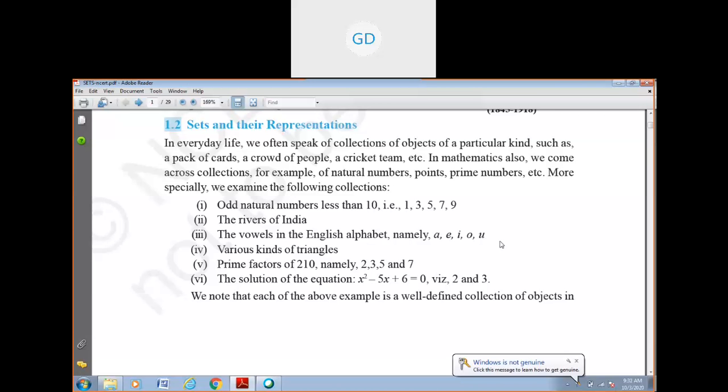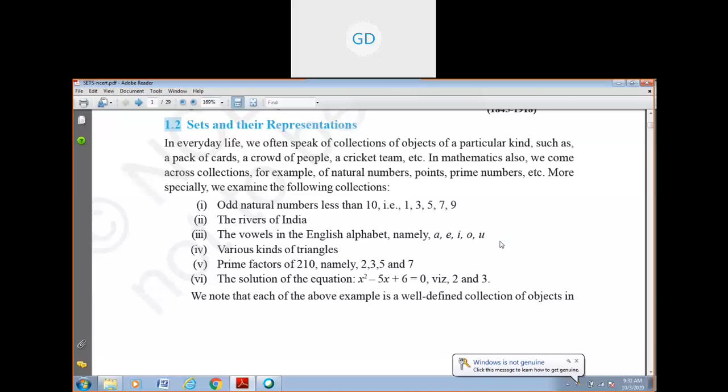So set is also a simple collection, but there is a certain condition, that whatever you collect in the collection, that must be well defined.